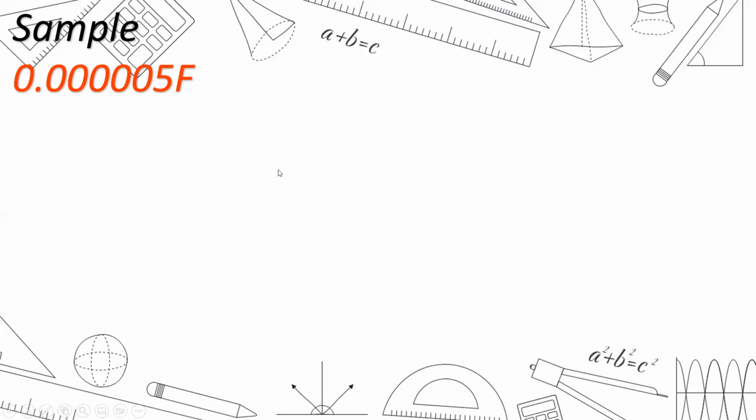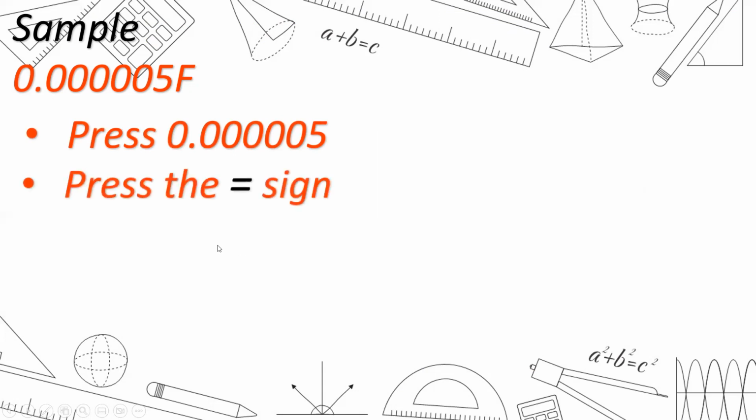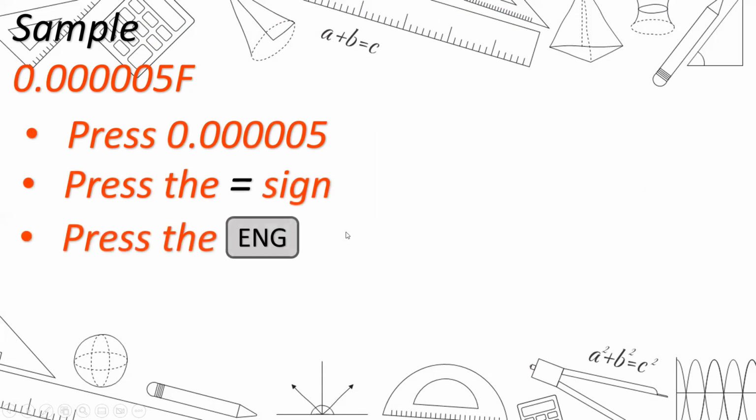Another example, let us express 0.00005 farad into metric prefix form. So simply press the given number, then the equal sign, then press the ENG button in your calculator.